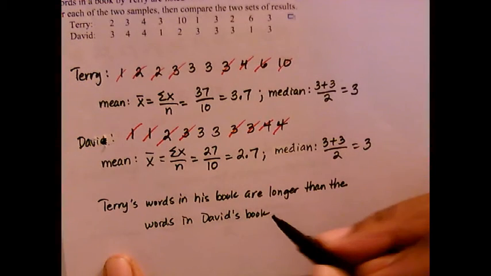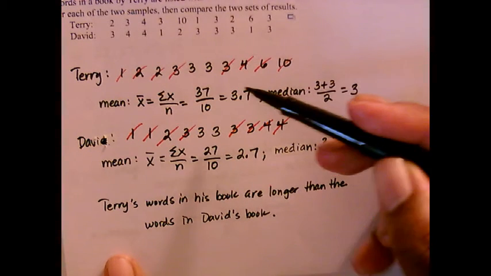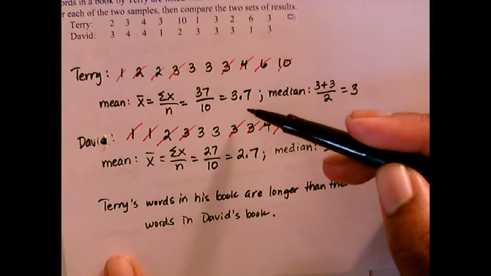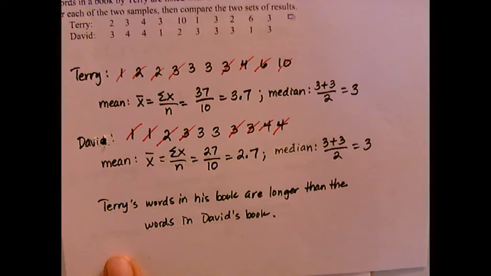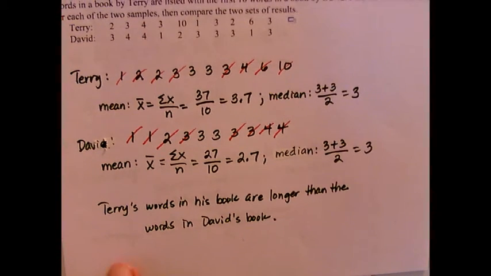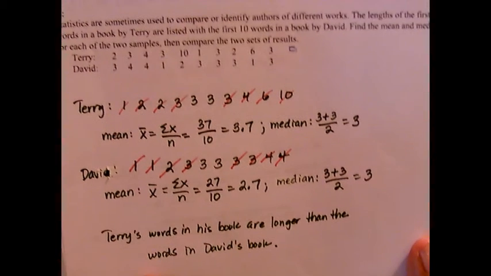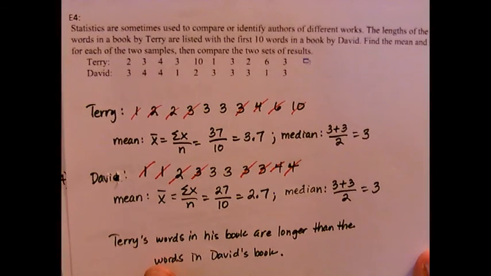And the reason why I say that, because the average in Terry's books is bigger than the average in David's books. Okay, so that's how we can compare these two results here.